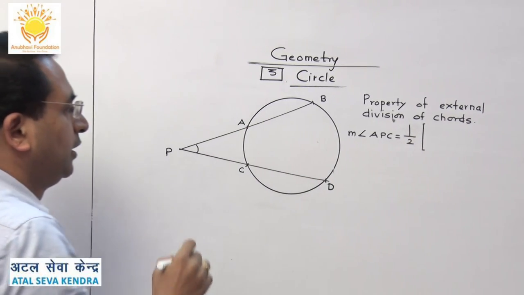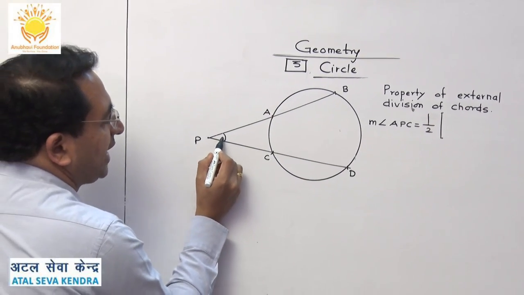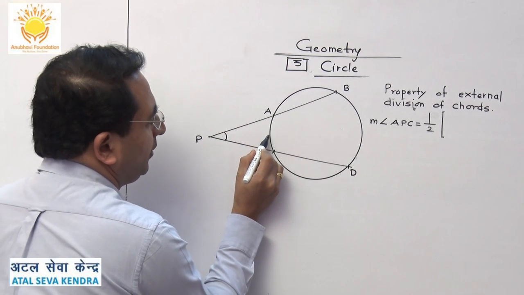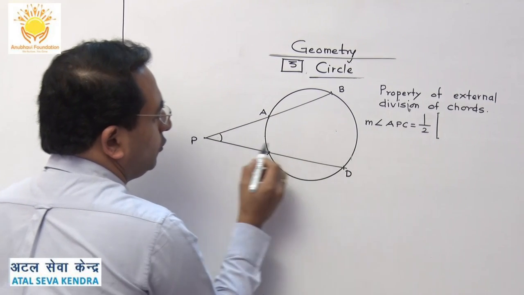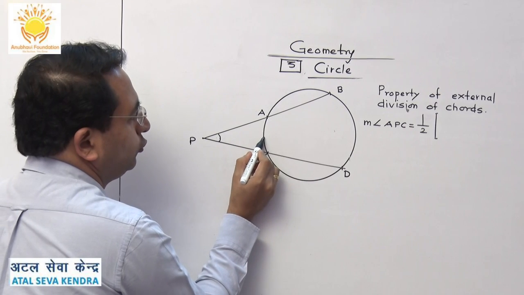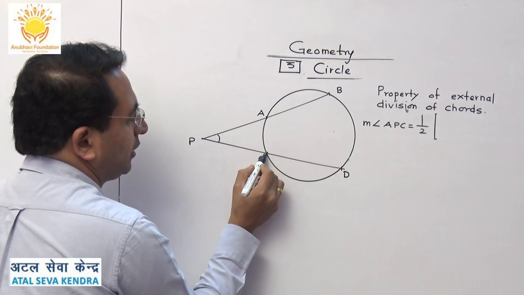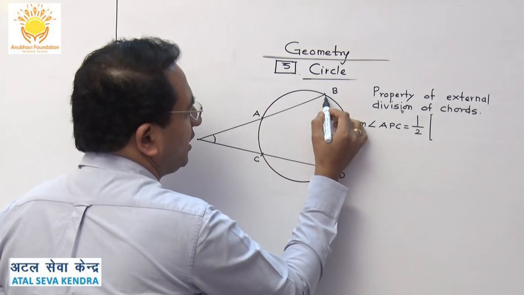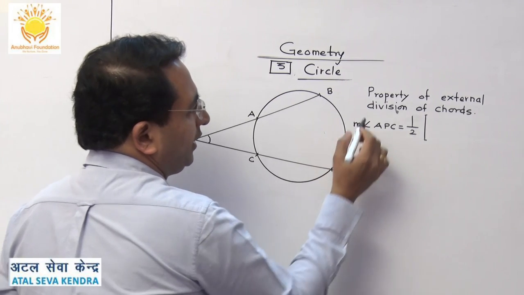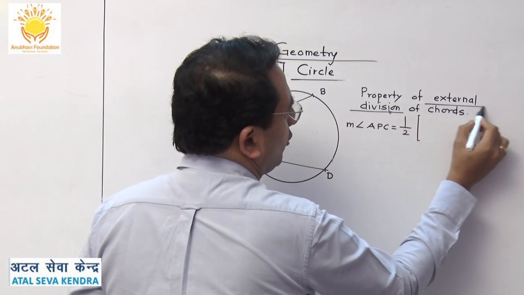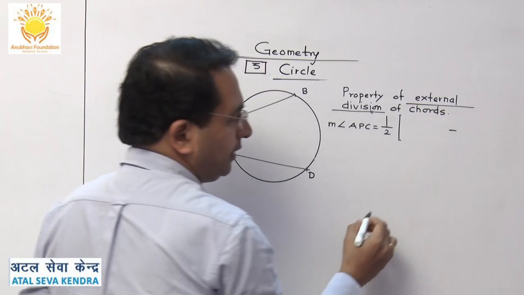Now in front of this angle, if you observe, there will be two arcs. One which is very close to you, definitely it is smaller, and one which is away from you, that is bigger. So it is external division of chords. So there will be minus sign.